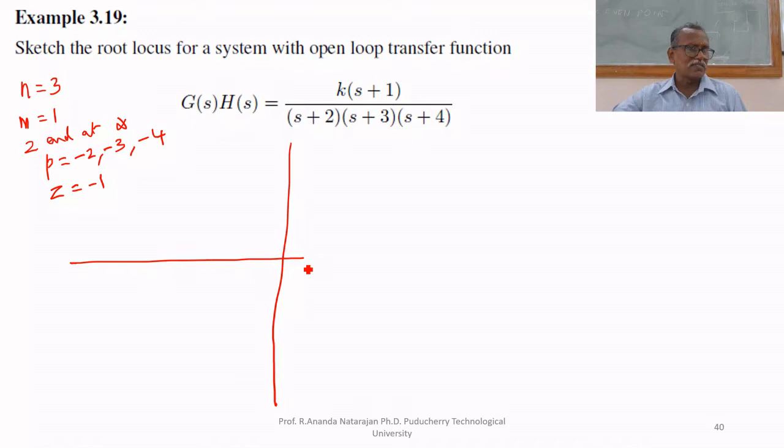Sigma j omega, S plane. So the zero is at -1. At -2, one pole is there. At -3, another pole. At -4, another pole.